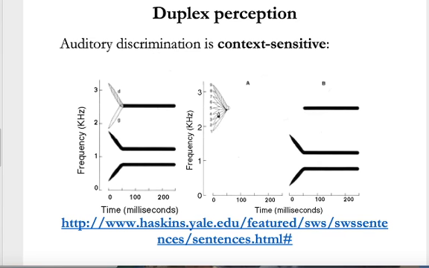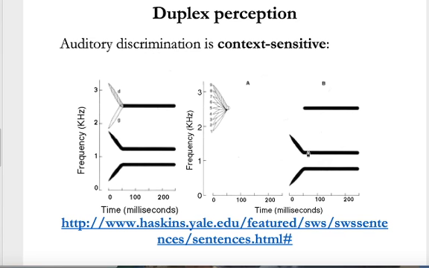In isolation, you perceive them as two different bird tweets or something, but when you put them onto this formant-based framework, you stop hearing the tweeting part, and you just hear da or ga, right? At least in this experiment. Interestingly, there's also a version of this duplex perception where they play the tweet part in one ear and the rest of it in the other ear, and here people simultaneously get the tweeting part and the speech part together.